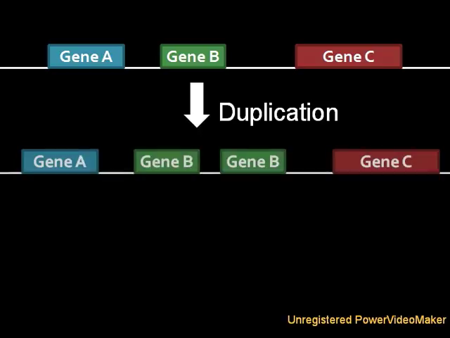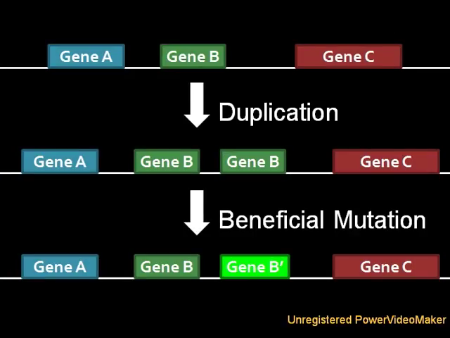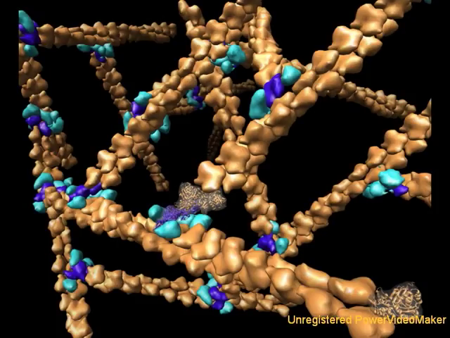Occasionally, small stretches of an organism's genome are copied, and any genes contained within are duplicated. Most often, mutations occur causing one copy of the gene to become non-functional. Such a mutation would be lethal to the organism if it weren't for the backup copy. But every now and then a mutation happens that changes the function of the protein the gene codes for. Maybe the structural protein now forms branched chains instead of straight ones.